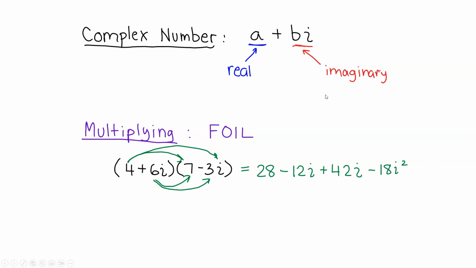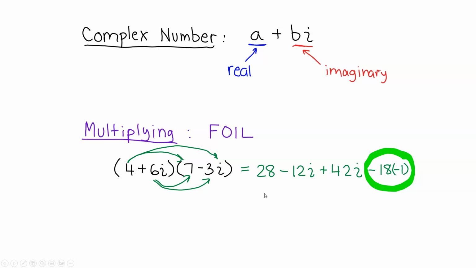Now, complex numbers are a closed system. That means if I perform any operations with them, I should end up with a complex number, which all of them can be written in this format. Having this i squared does complicate things a little bit, but from what we talked about with powers of i, i squared is the same thing as -1. So this actually became the real number when I multiplied those two pieces together.